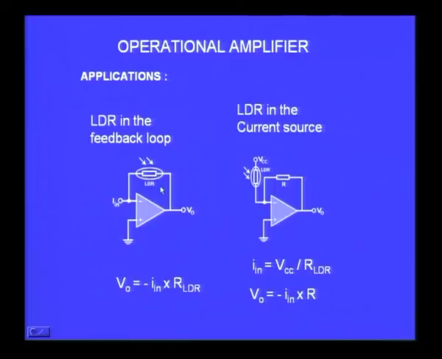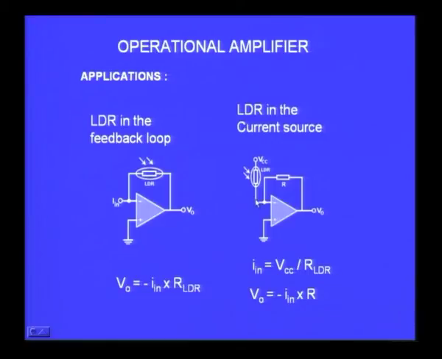There is another way in which the same circuit can be designed. For that what we do is we use the LDR in the current source path. That means, you apply a voltage, usually LDRs have got very high resistance in darkness and very low resistance when it is fully bright. So, when it is a large resistance along with a large voltage source, you will get an ideal current source, reasonably close to an ideal current source.